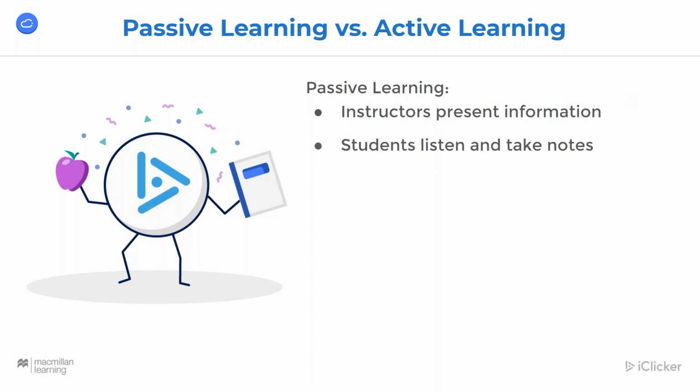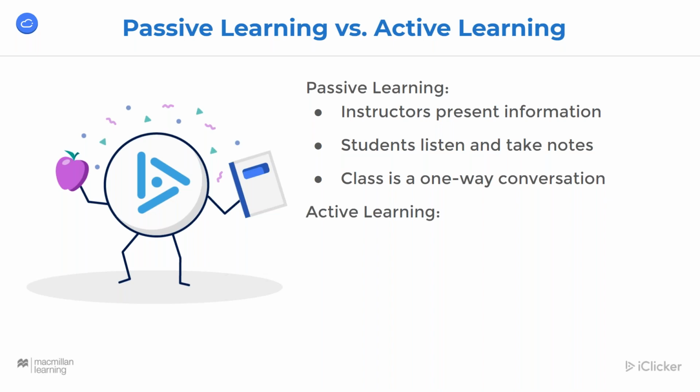So students, primarily in those classes, their job is to listen and take notes. And there's nothing particularly wrong with that, but that's just how we've been doing it for a long time, and that's kind of how we've expected things to go. Class is a one-way conversation that comes from the instructor to the student.